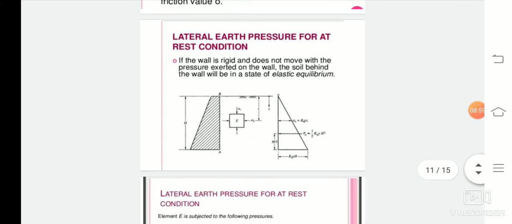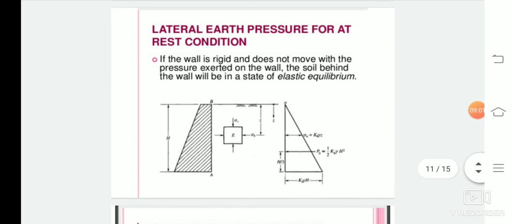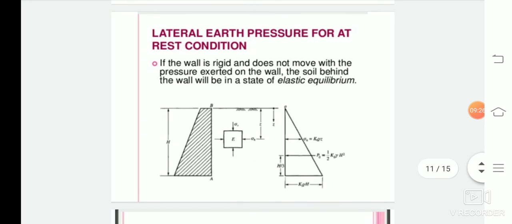So let us go through the case where the earth pressure is in the rest condition. We will study the earth pressure at rest. When the earth pressure is at rest and is exerted on the back of a rigid, unyielding retaining structure, the value can be calculated using the theory of elasticity, assuming the soil to be semi-infinite, homogeneous, elastic and isotropic.